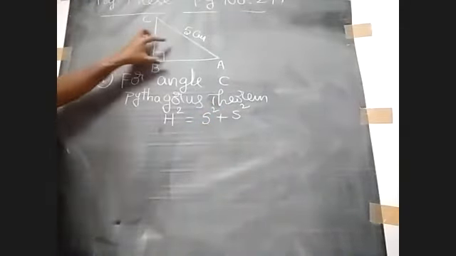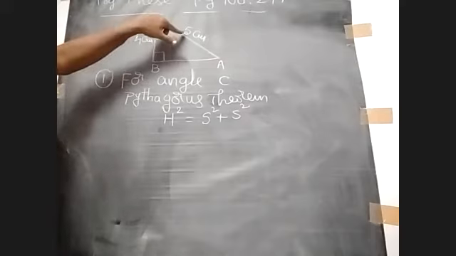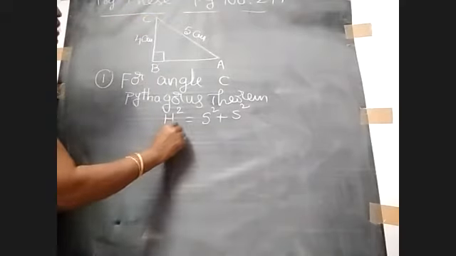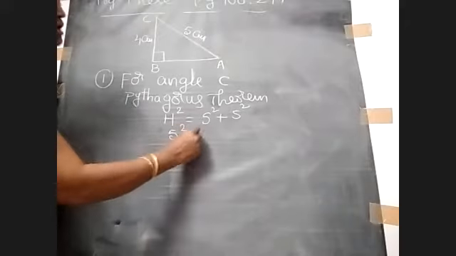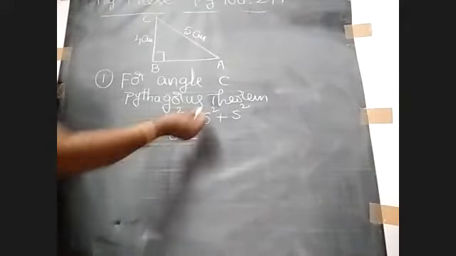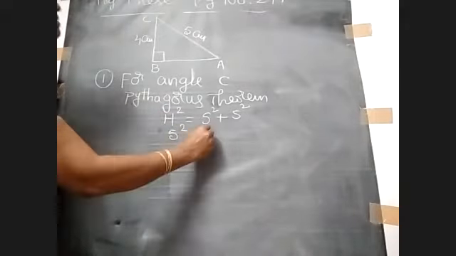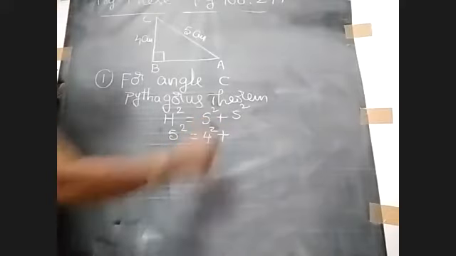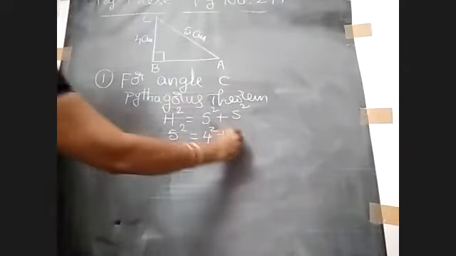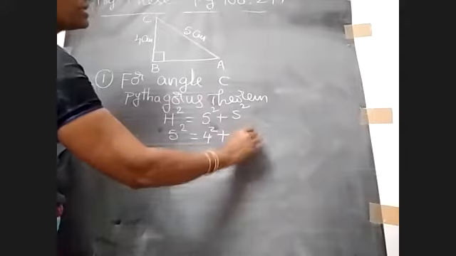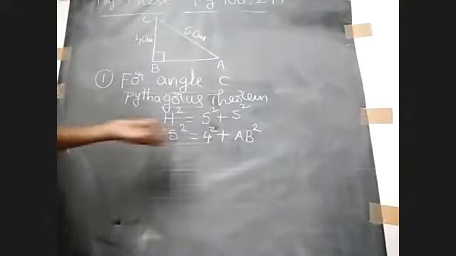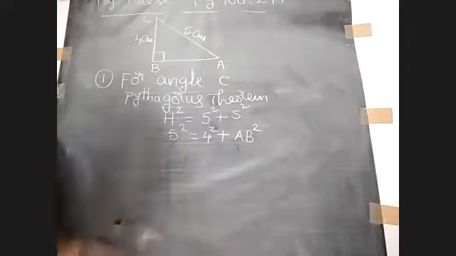The side which is opposite to the right angle is the hypotenuse. So here the hypotenuse is 5 squared. So 5 squared is equal to, one of the sides is 4, so 4 squared. The other side we have to find, and that is AB. So AB squared.